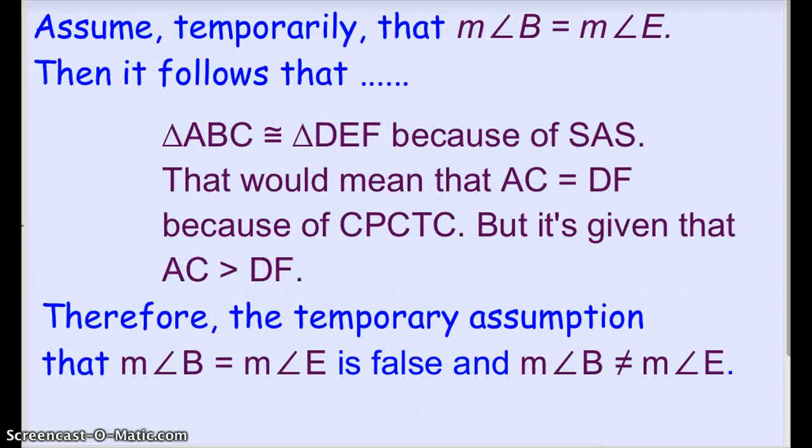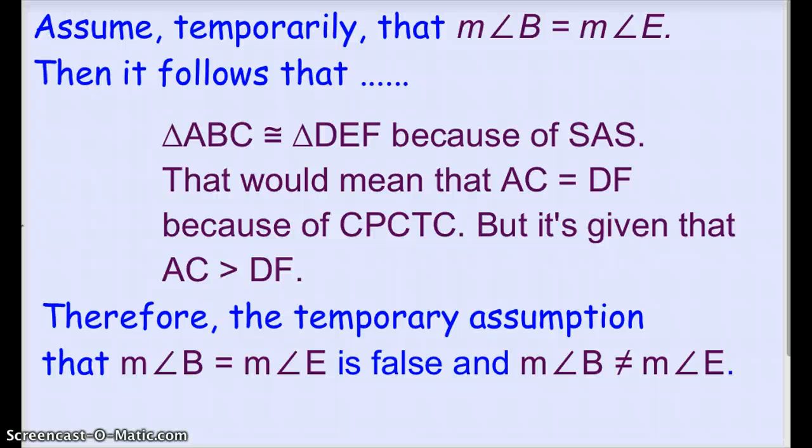Here's how you put it together. Assume temporarily that the measure of angle B is equal to the measure of angle E. Then it follows that triangle ABC is congruent to triangle DEF because of SAS. That would mean that AC is equal to DF because of CPCTC.